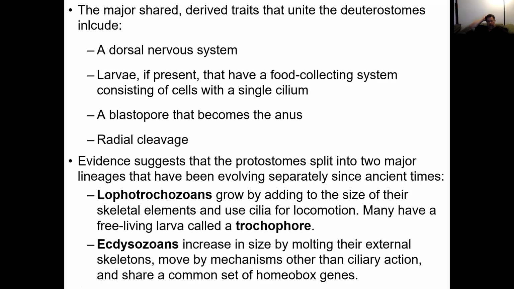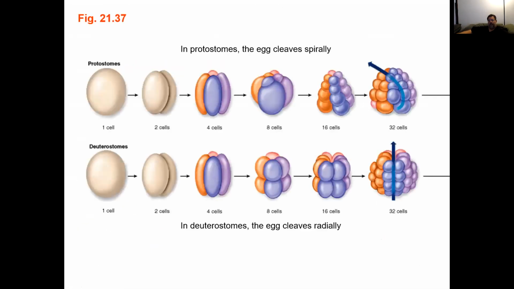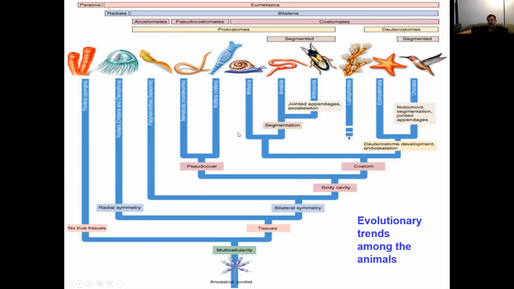And then they will have larvae running around called trochophores. So anyway, we'll get into these in a moment, and then we'll get into these animals, and then it'll make a lot of sense when you look back at this chart here. So like these would be the animals that have the ecdysozoans, for instance.